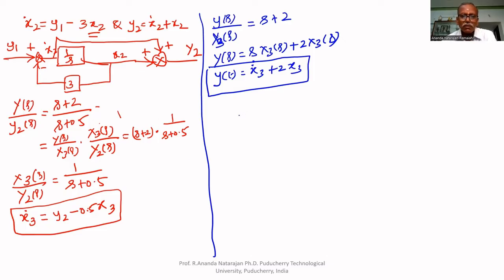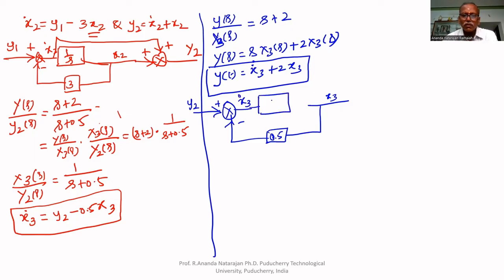What is the third equation? Third realization. That is x3 dot. x3 is available. Take x3, multiply 0.5 times, and you will get x3 dot. If you integrate this, you will get x3.